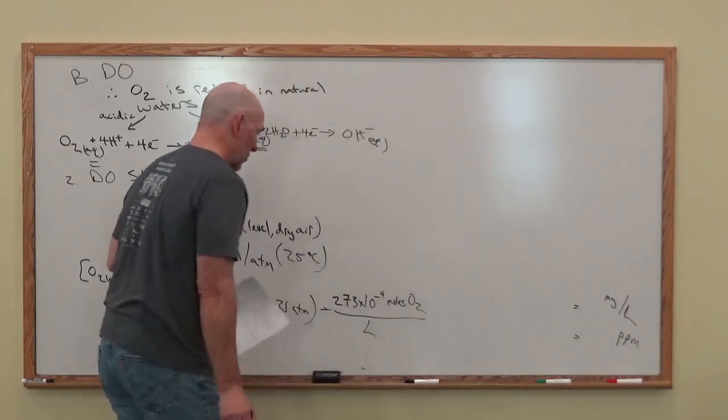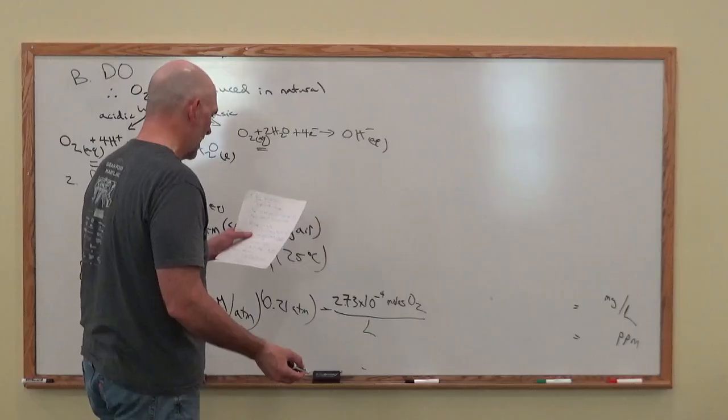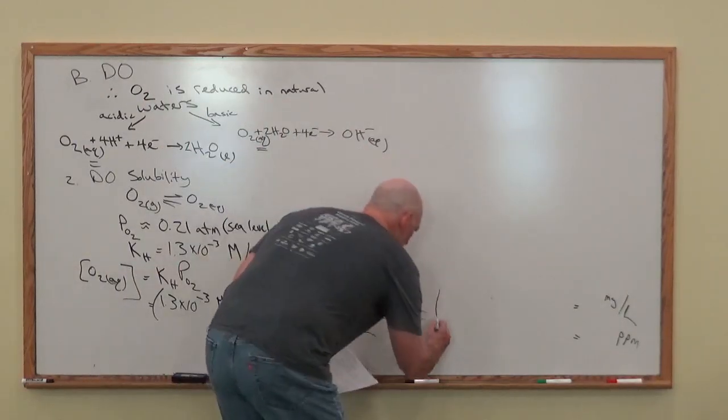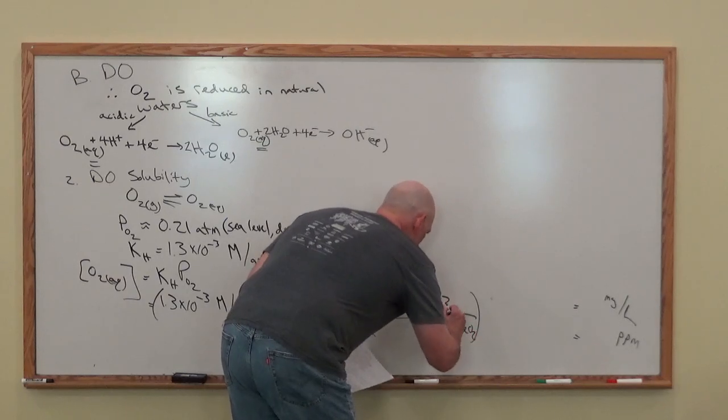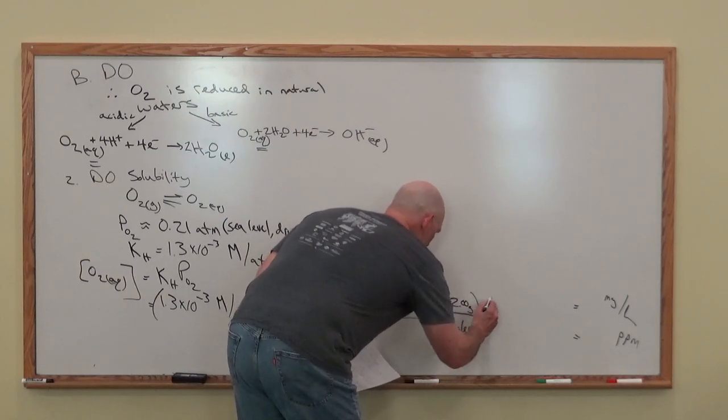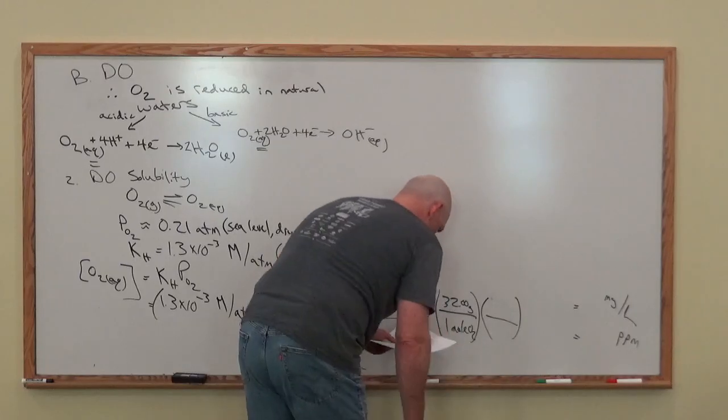That's eventually what we want. So not too bad. What we have to do then is take moles and convert to grams. A mole of O2 is about 32.00 grams.